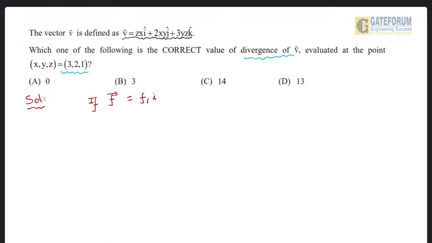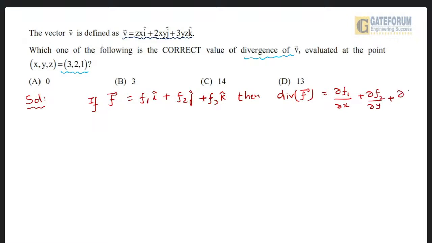Then what is the formula? Divergence of this vector function f bar is equal to dou by dou x of f1, which is a scalar quantity, plus dou by dou y of f2 plus dou by dou z of f3. This is the procedure.